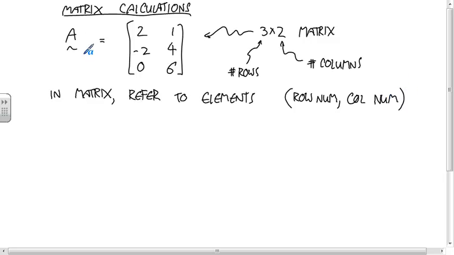So for this matrix, capital A, element A11 is equal to 2. Element A12 is equal to 1. Element A21 is equal to -2. Element A22 is equal to 4, and so on. Okay. So that's how you refer to those elements.